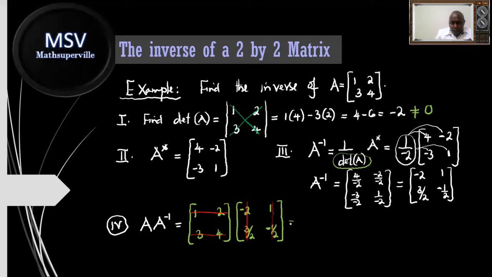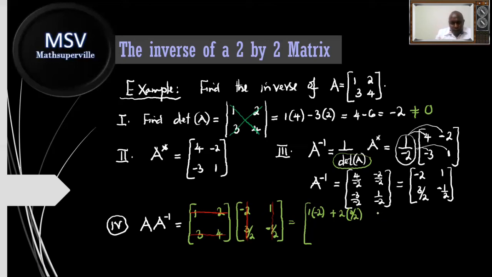So we will get this to be 1 times -2 plus 2 times 3 halves. So we are done with the first row and the first column.